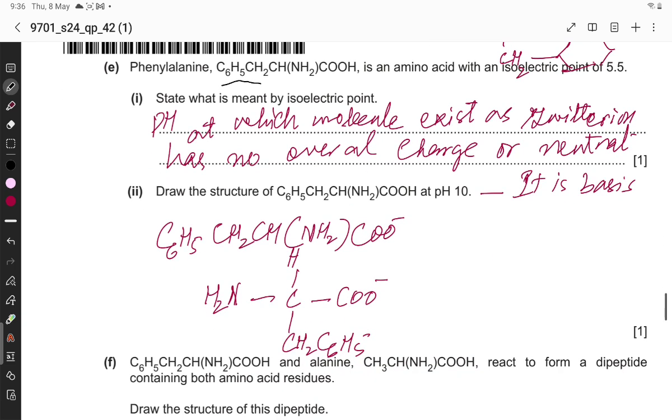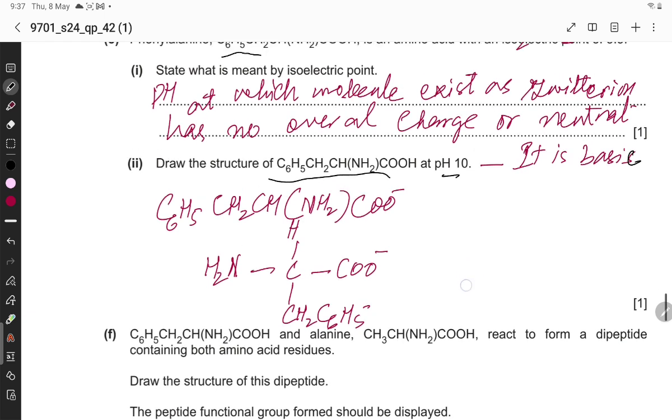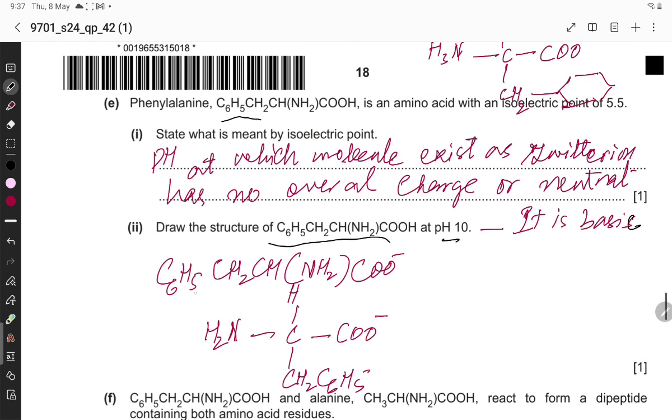Draw the structure of this compound at pH 10. At pH 10 it is basic, so we can draw the structure like this: C6H5, CH2, CH, NH2, and COO negative.